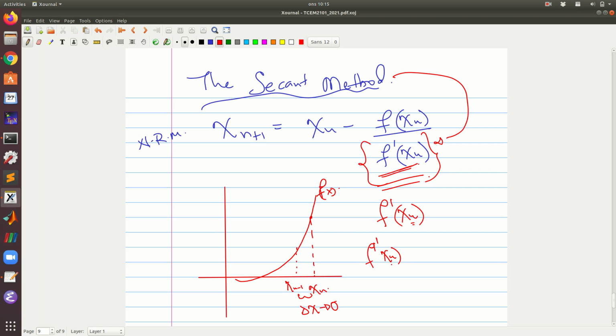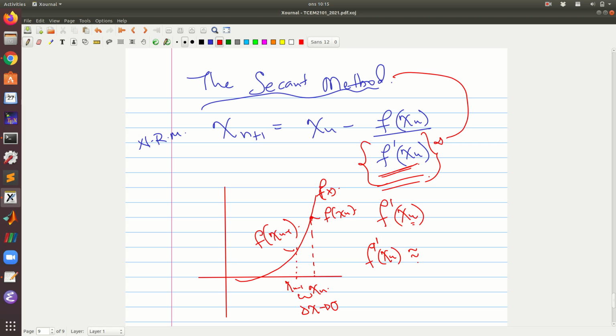and then we can compute the derivative of f at xn by approximating it. If this is xn, we know that this is f of xn, and this is xn minus 1, so we know that this point is f of xn minus 1.